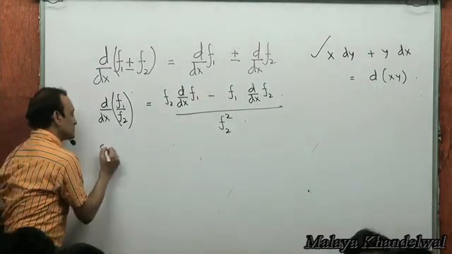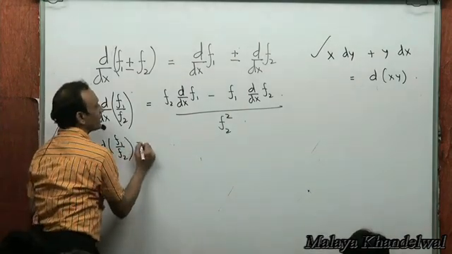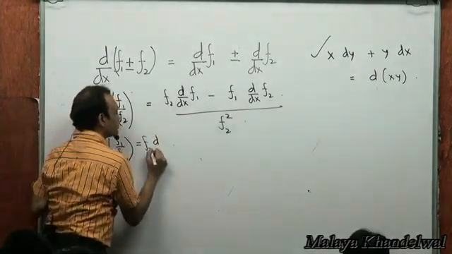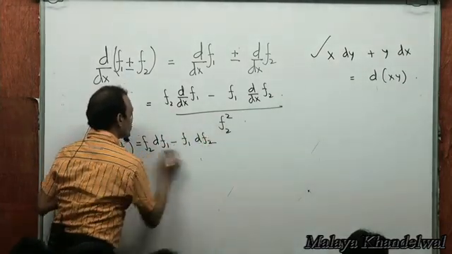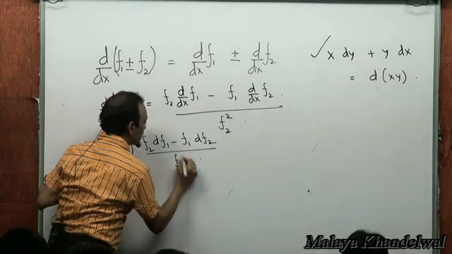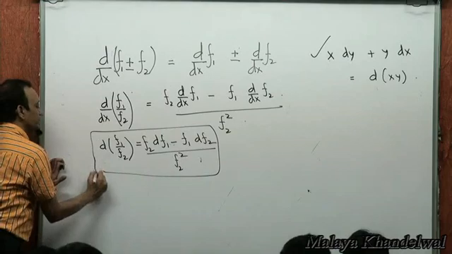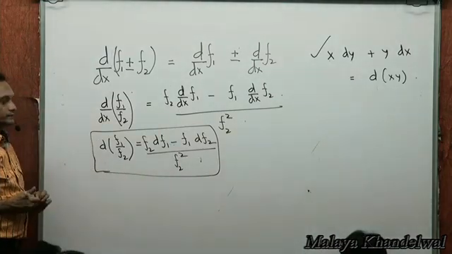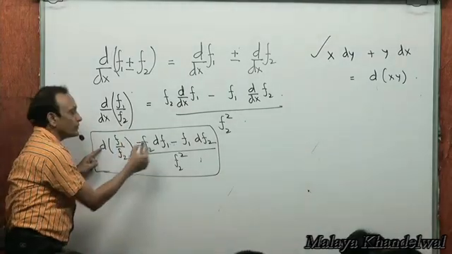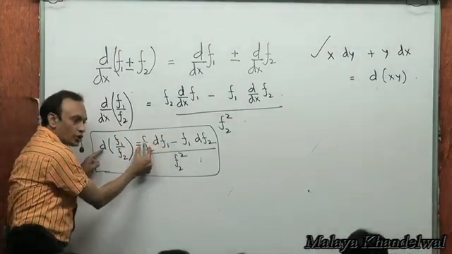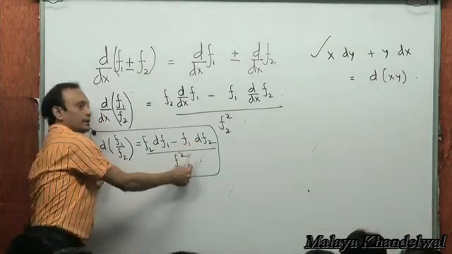Multiplying throughout by dx, you get d of f1/f2 is (f2 df1 - f1 df2) divided by f2 squared. This is another rule which is used time and again. The change in a ratio is the change in numerator into denominator minus change in denominator into numerator, by denominator squared.